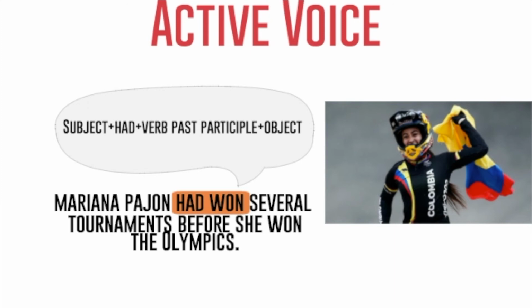In this case, we make emphasis on the tournaments that she had won before the Olympics. And the structure is subject, had, verb in past participle, and the object.